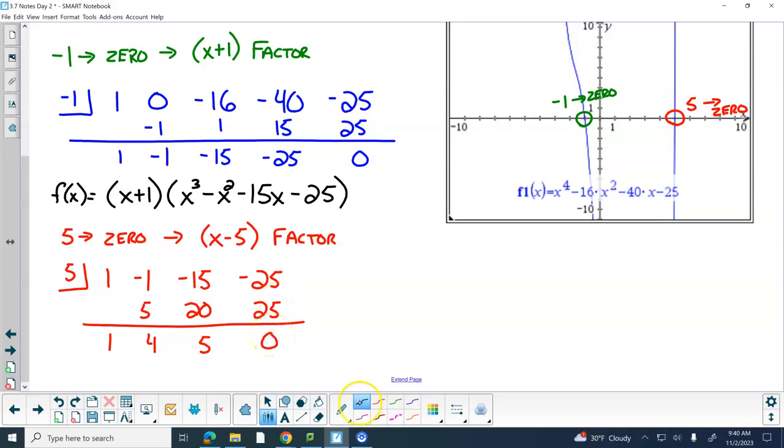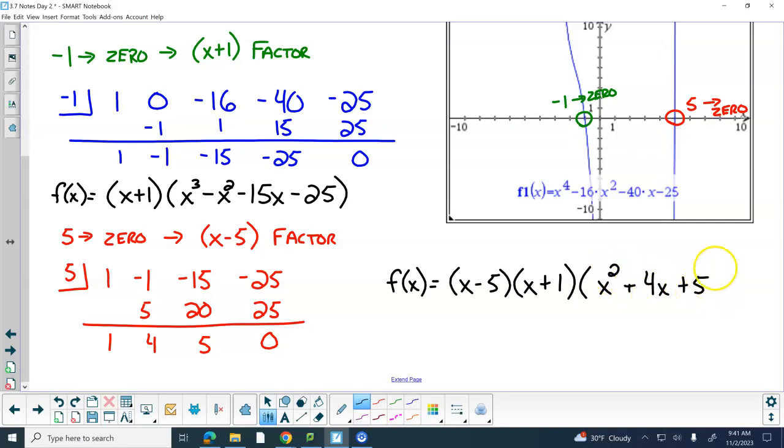Okay? So now my function is x minus 5, x plus 1, and x squared plus 4x plus 5.